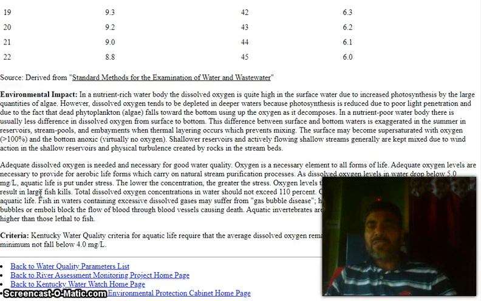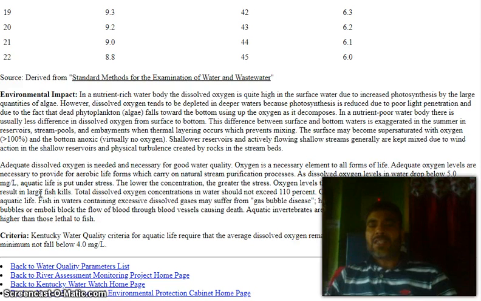Oxygen levels that remain below 1 to 2 milligrams per liter for a few hours can result in a large fish kill. Total dissolved oxygen concentration in water should not exceed 110 percent. Above that level can be harmful to aquatic life. Fish in water containing excessive dissolved oxygen may suffer from gas bubble disease.